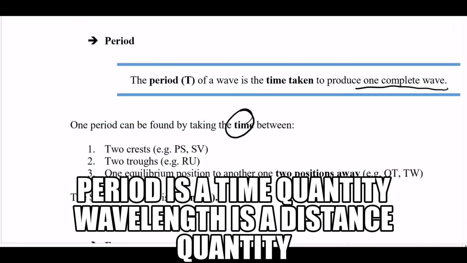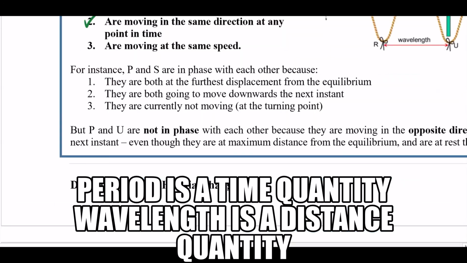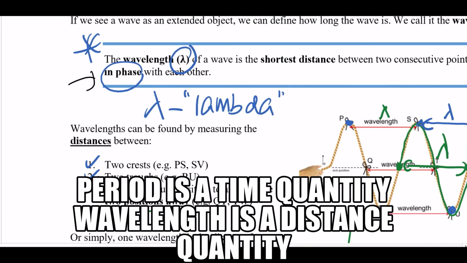So it can be found by taking the time between two crests. That means if I see one crest, I will start timing. Until I see the next crest again, I will stop the timing. That time is the period. So two crests, two troughs. Can you see it's the same way as we measure the distance for wavelength? Wavelength is the distance between two crests or two troughs.